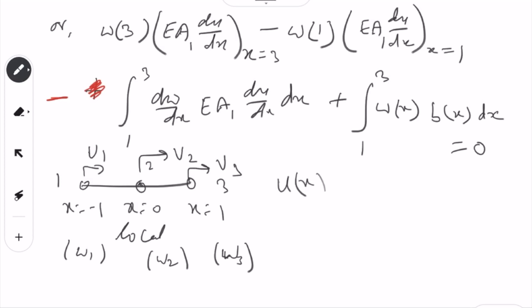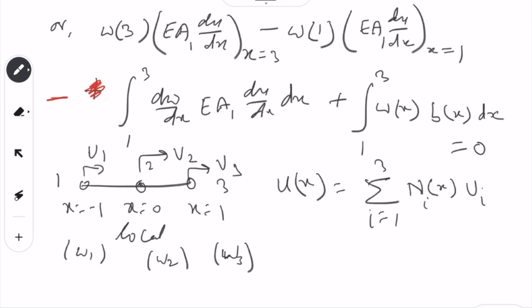Here u(x) we can define as the summation of N_i(x) u_i, where i equals 1 to 3 in this case.